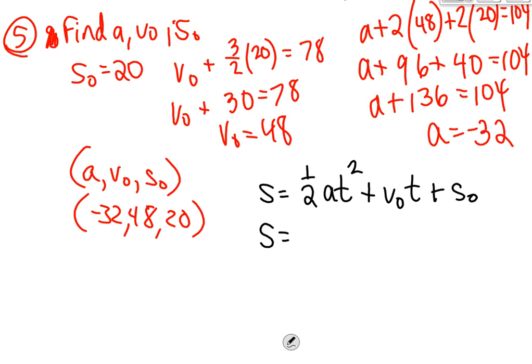So we collected data for S and T to see what happens. So what's a half of A going to be? Negative 16 T squared plus 48 T plus 20.